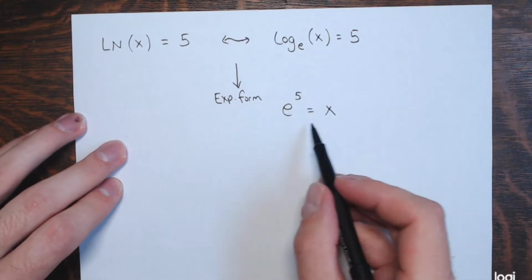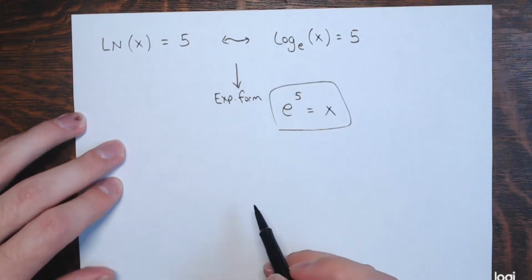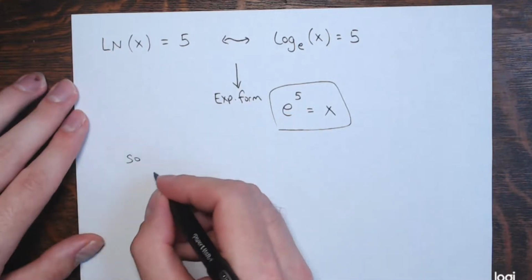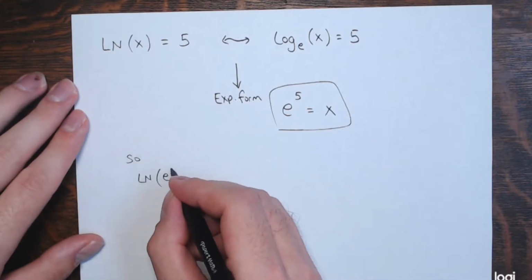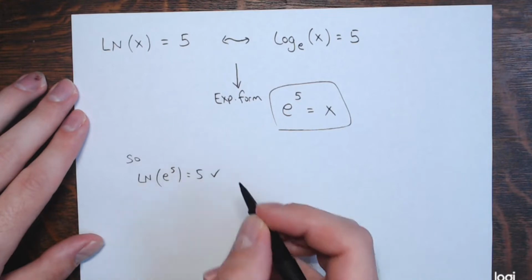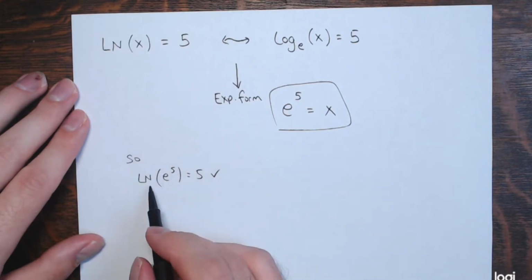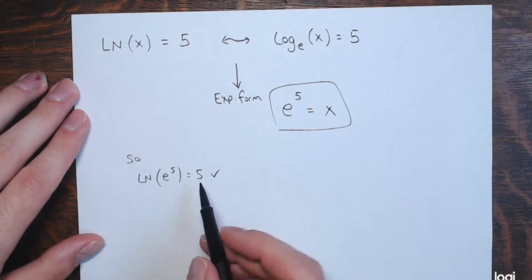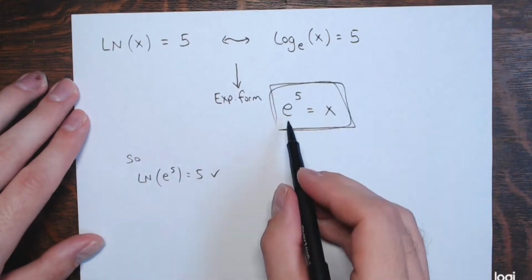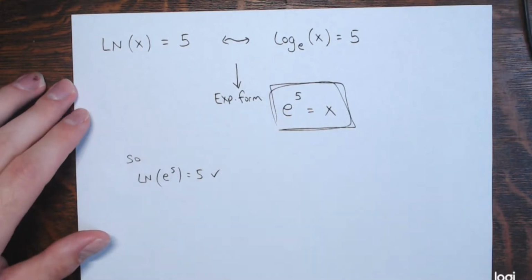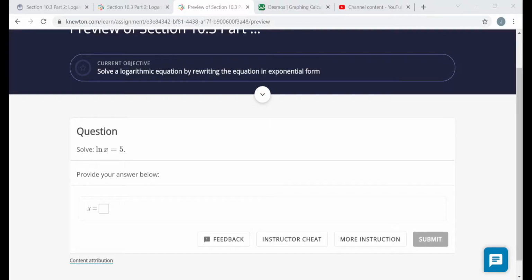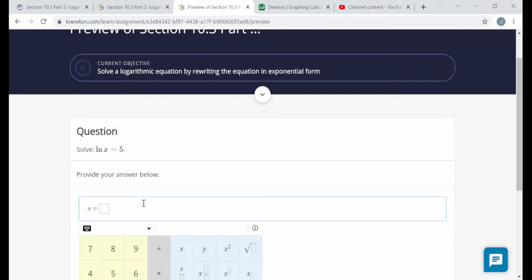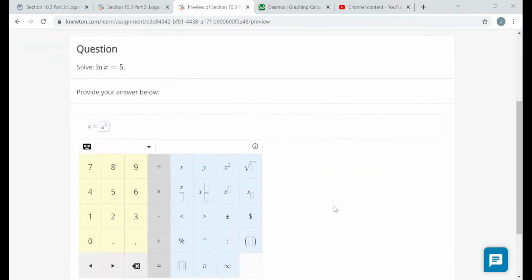And that's solved for. x is alone. The natural log of e to the 5th is 5, because it's just e to what power equals e to the 5th power? Well, that would be 5. This is what I'm entering, e to the 5th. They don't ask us to round it or anything, so just enter it in exact form. x equals e to the 5th power. And that should be it.